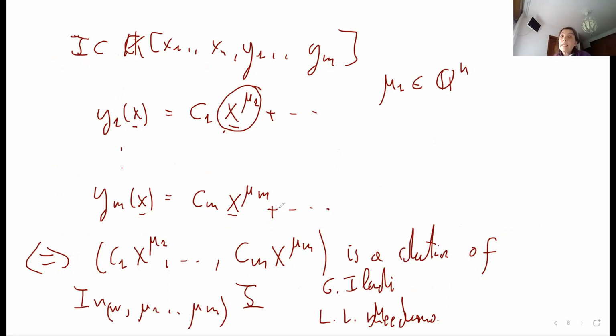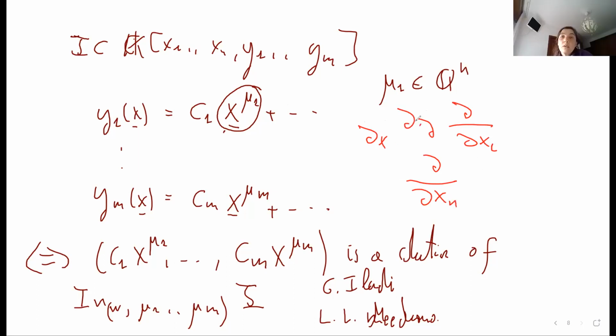And also in the case of several variables. Now, for several variables, we have to consider not only delta x, but the partial with respect to x1, through partial with respect to xn.